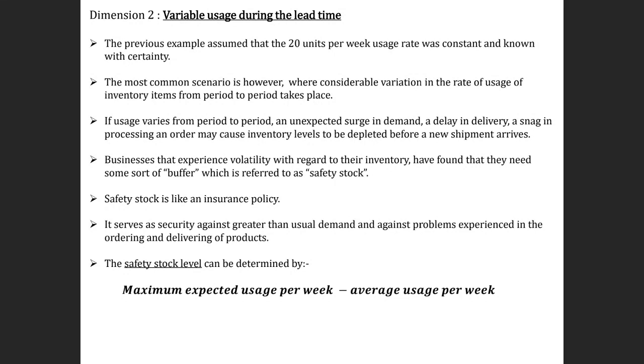So when it comes to your reorder point under variable usage, we will need to include the value of safety stock in the calculation, and safety stock is calculated using the formula at the bottom here. It is the maximum expected usage per week minus the average usage per week.